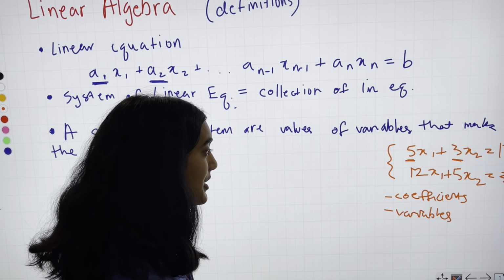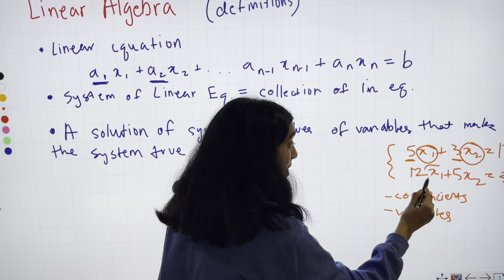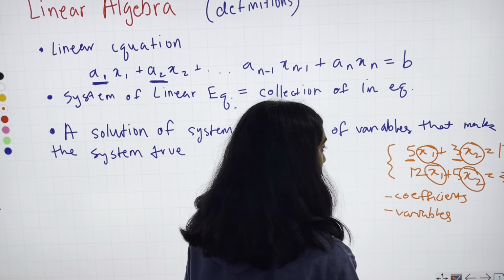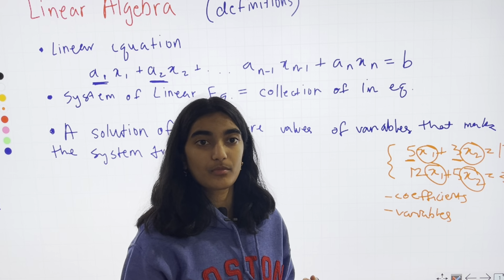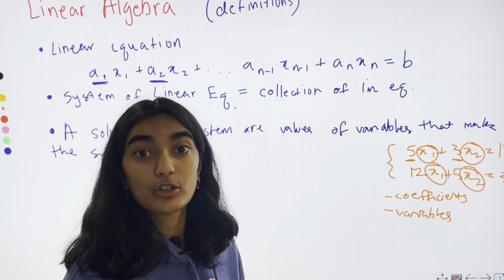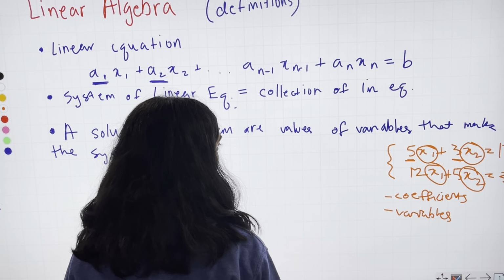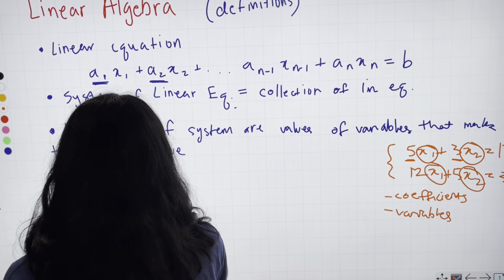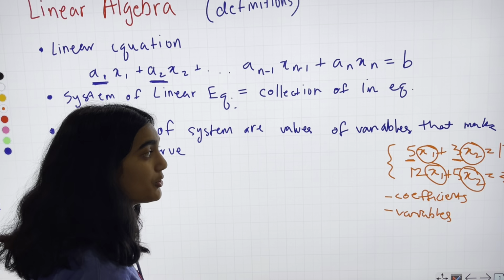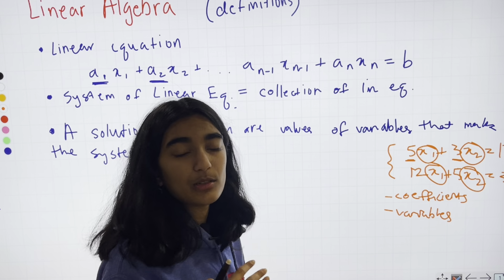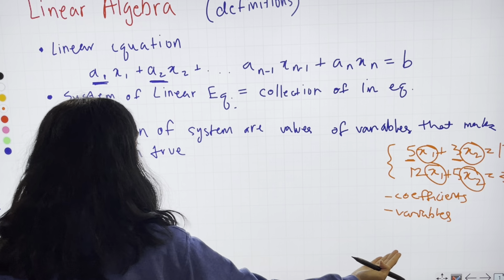So the values that you put in for x1 and x2, the same x1, the same x2, that's going to be one of your solutions, or your only solution. Okay, so the solution of the system are the values of these variables x1 and x2. So you'll have two values, x1 equals something, x2 equals something. You substitute it back in, and now the system is true.